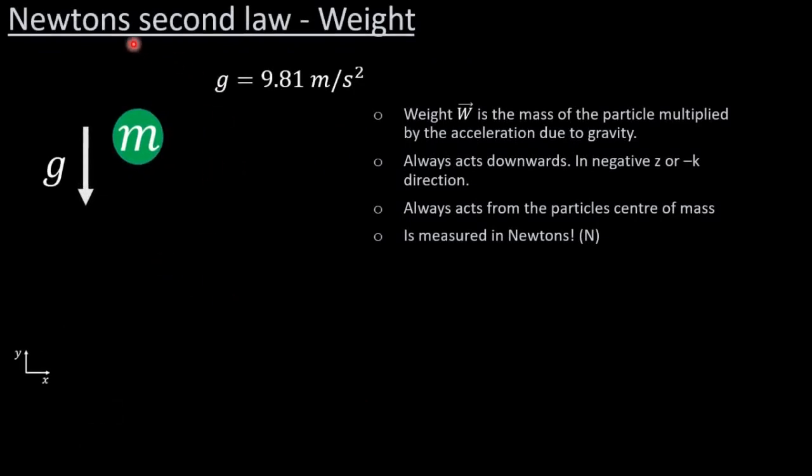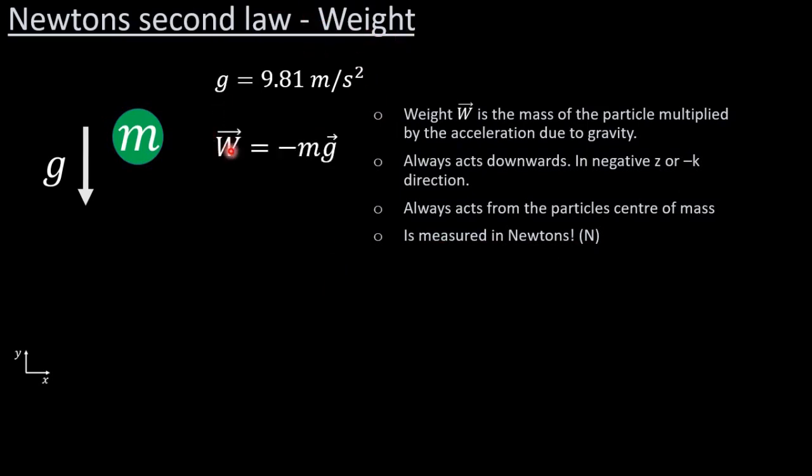Okay, so let's have a look at weight. Weight is the mass of the particle multiplied by the acceleration due to gravity. It always acts downwards in the negative z or negative k direction if we're using unit vectors. It always acts from the particle's center of mass, and it's measured in newtons. Weight is commonly mixed up with mass, where some people say weight is in kilograms or pounds, but weight is usually measured in units of force.